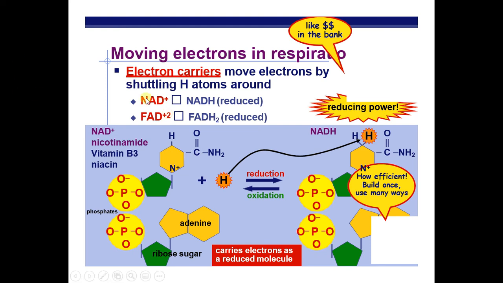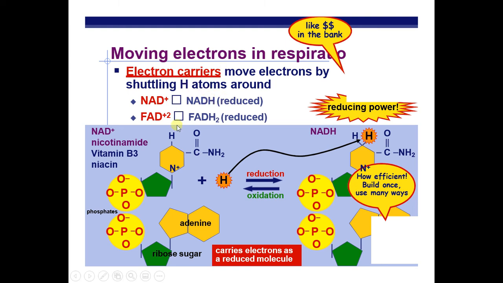They're carrying stored energy and electrons from one place to the other. On the right, NAD+ and FAD+2 represent those carrier molecules when they don't have any hydrogen atoms, when they can store more electrons. And NADH and FADH2, look, they have hydrogen atoms. This means they are storing the maximum number of electrons and hydrogen.